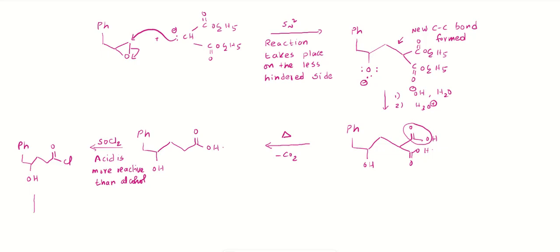Now this reacts with methylamine, HCl is lost, and then we'll get this product PhCH2CHOHCH2 C double bond O NCH3. So this is our target molecule. This is the last step.